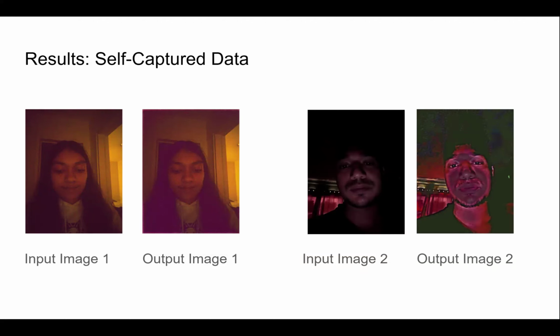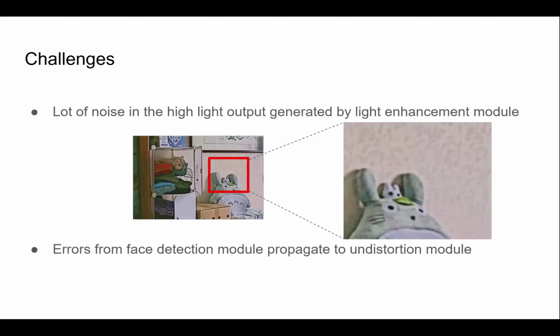Hence, in future, we can possibly try to include more low light facial portraits and then analyze the effect. Because these output images of the low light enhancement module were not good, when given as input to the distortion pipeline, it was not able to detect any face and hence was not able to undistort the faces. I plan to correct this in future work.